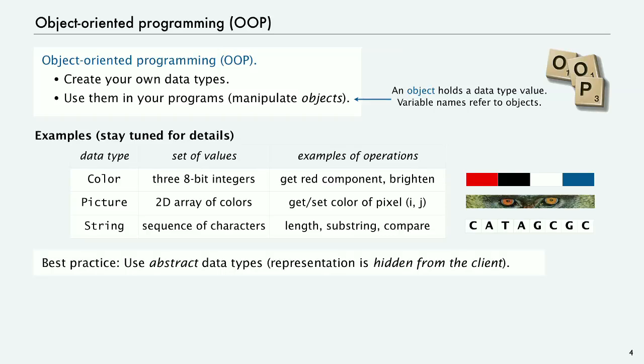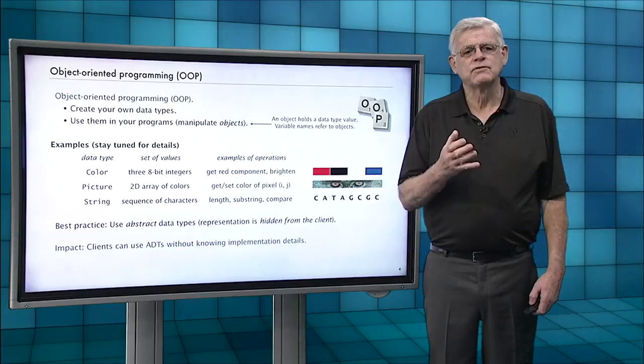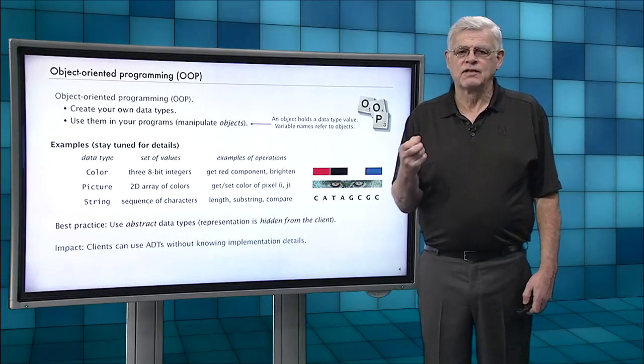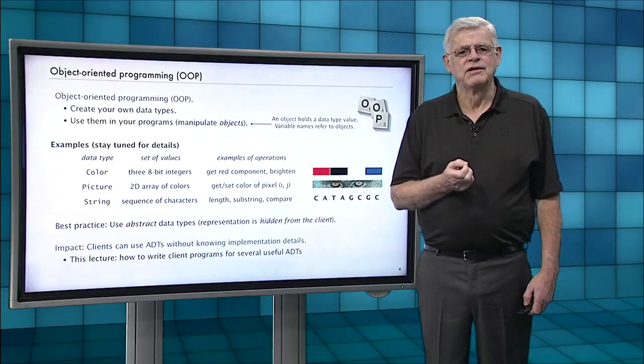Now, in all of these kinds of data types, our best practice is to use an abstract data type where the representation is hidden. And the big impact of that is that clients can use ADTs, abstract data types, without knowing the details of the implementation. All they need to know is how to use the operations.